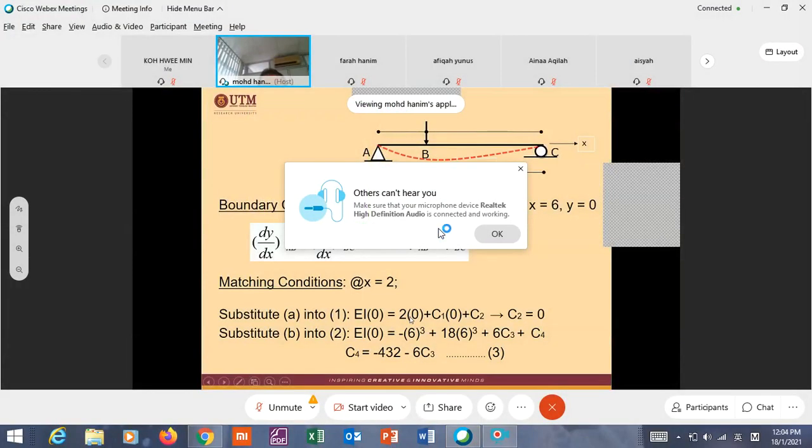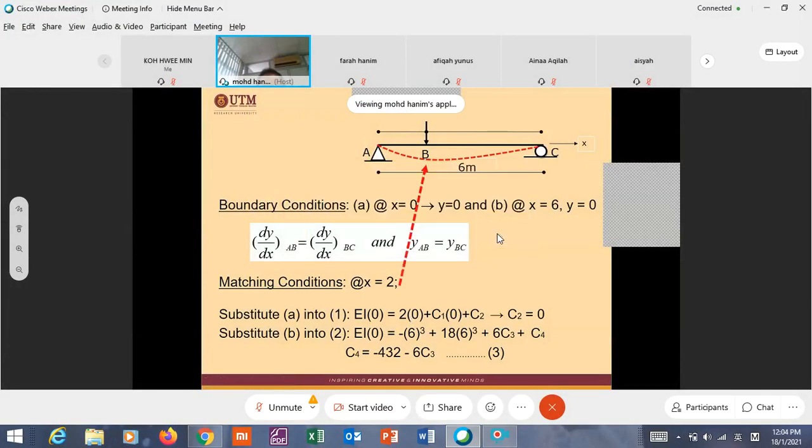Then you solve the equation. I don't have to go into detail; this one is mathematical. The end result is that y equal to 1 over EI, 2x power of 3 minus 40x for segment 1, and y equal to this equation for segment 2.